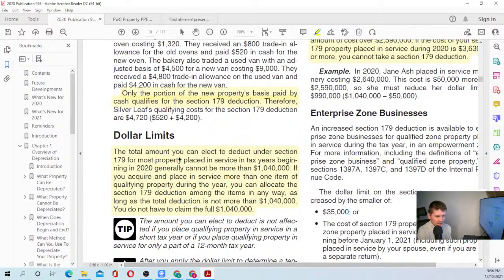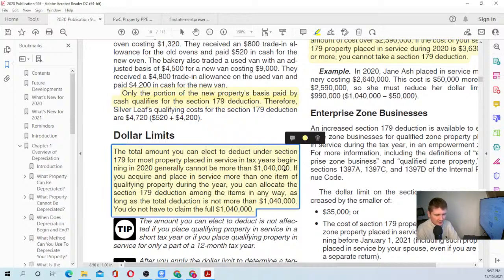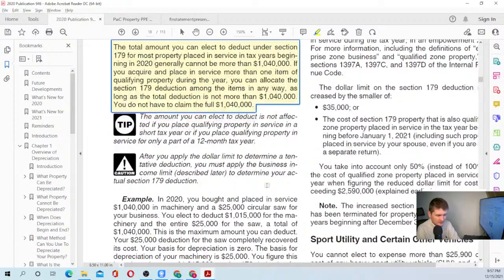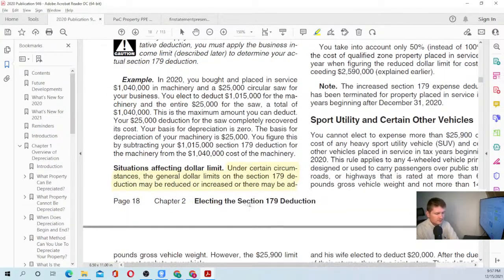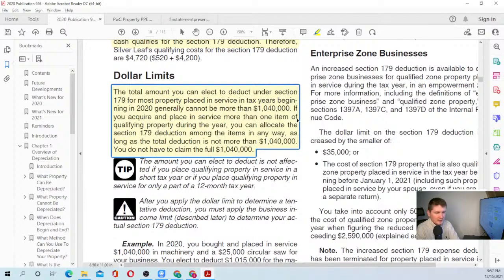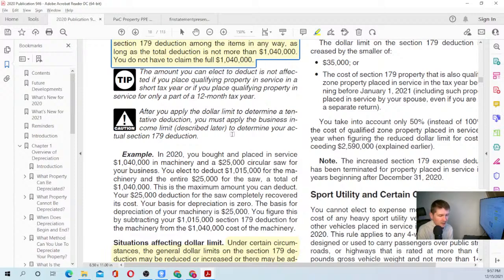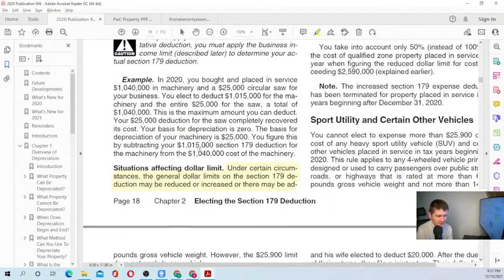Next, there are limitations on the amount which you can deduct under this section. The total deduction under this section cannot be more than $1,040,000. And that $1,040,000 can fluctuate depending on your total amount of acquisitions during the year.